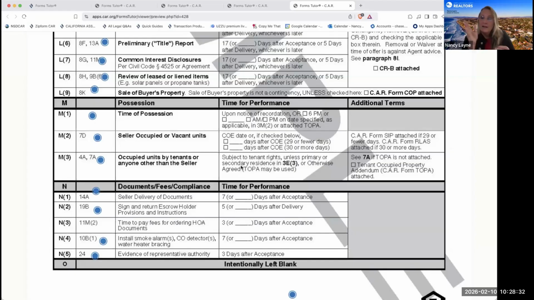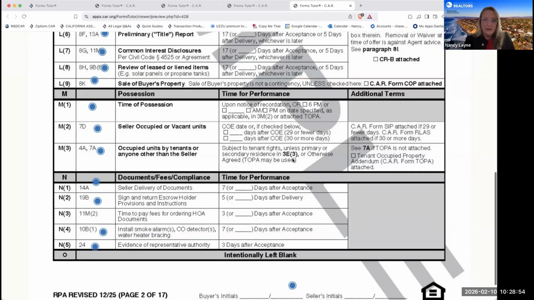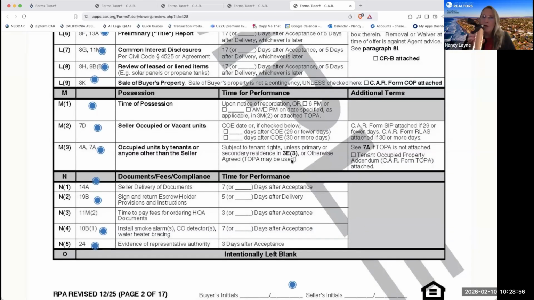If the wife is not on title, she needs a TOPA. Anybody that lives in that property that is not on title, an adult, must have a TOPA, because again, it clarifies the agreement with regard to tenancy. Seller delivery of documents: 7 days is standard.